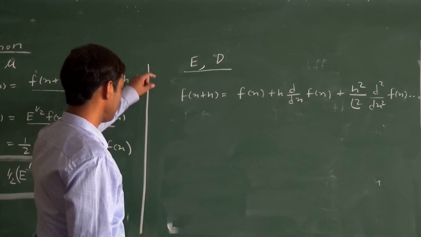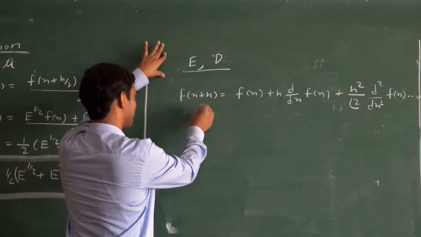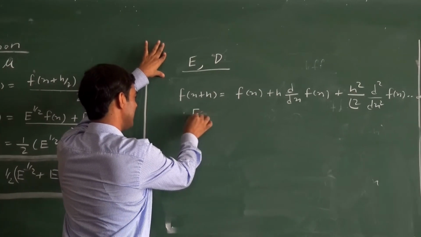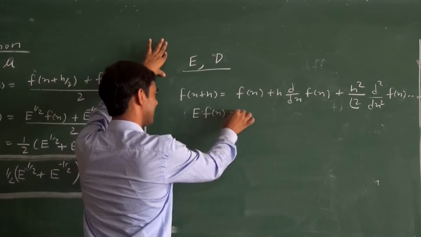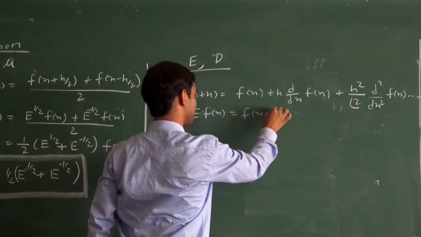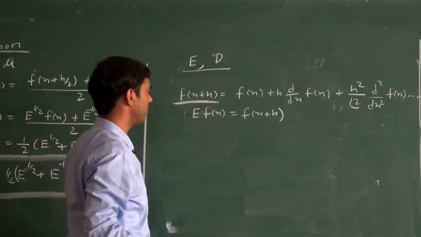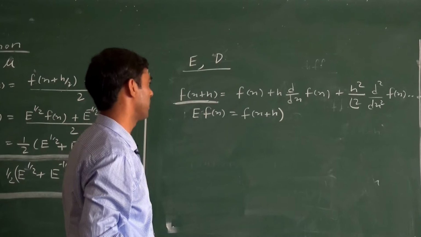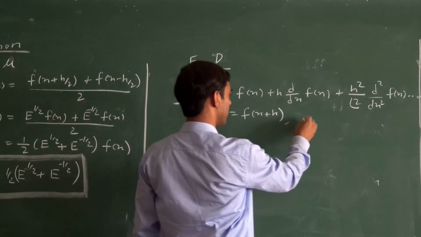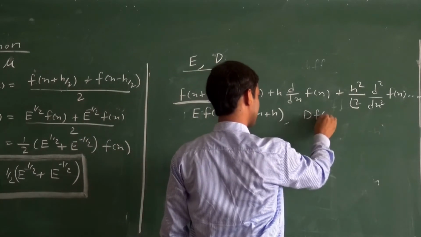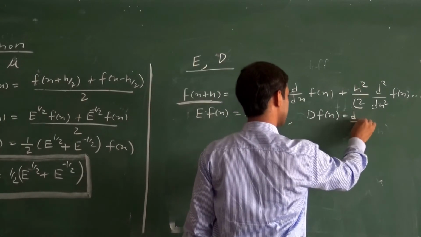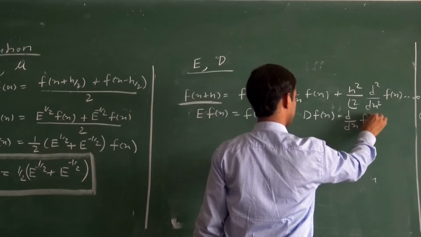Now, what is the definition of the shift operator? E f of x equals f of x plus h. So here, this one is replaced by E of f(x). Now the second one: D of f(x) equals d by dx of f(x).